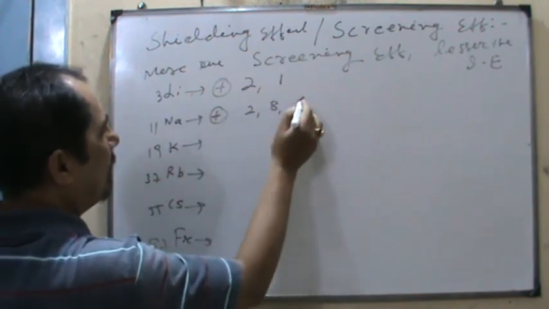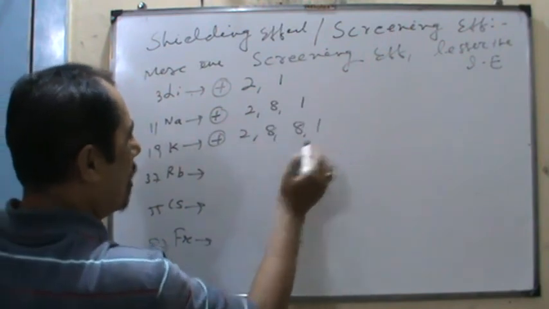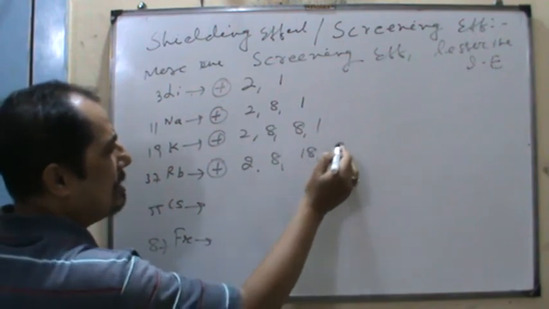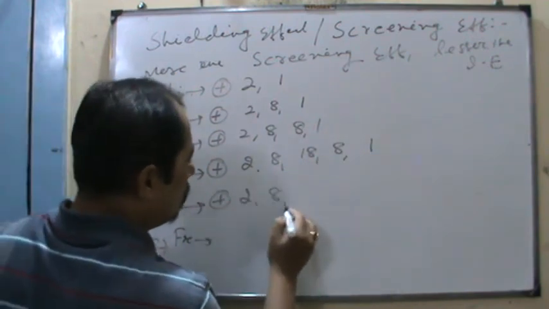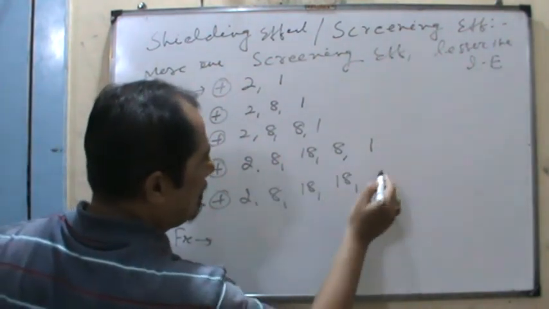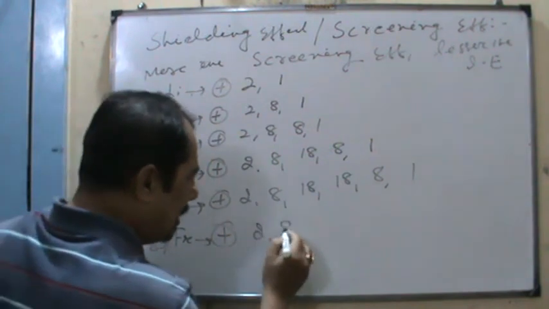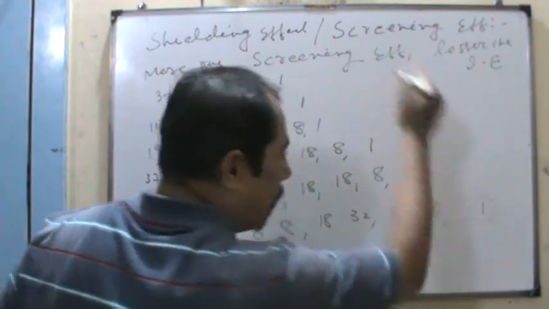Nucleus 2, 8 and 1. Nucleus 2, 8, 8, 1. Then 2, 8, 18, 8, 1. Nucleus 2, 8, 18, 18, 8, 1. Nucleus 2, 8, 18, 32, 18, 8 and 1.